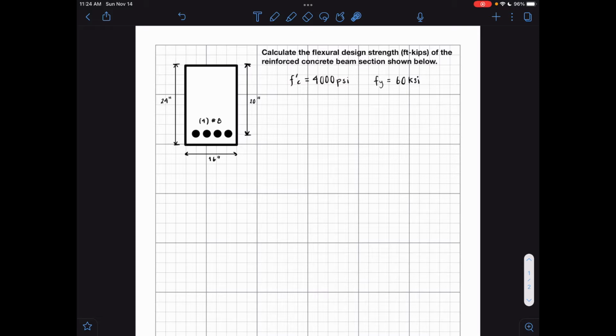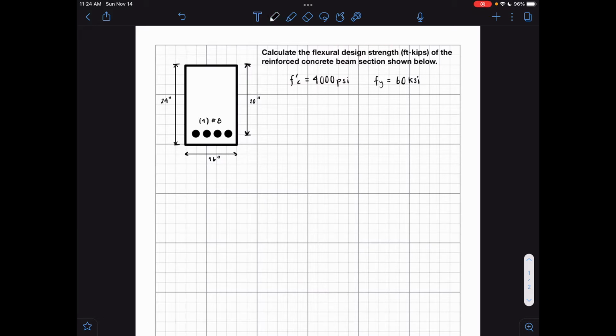Today we're going to be talking about calculating the design flexural strength of the reinforced concrete beam section as shown below. What we're interested in is the design flexural strength.